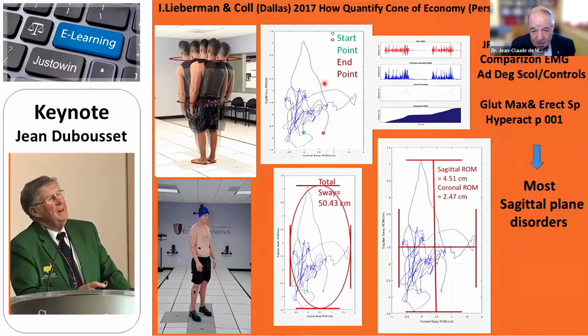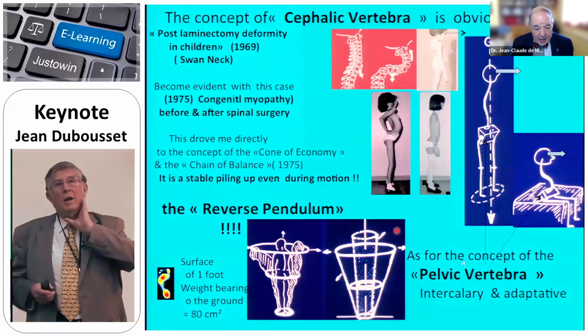It's a chaotic registration. You have the concept of the inverted pendulum. We will see a slide after. And this is a chaotic registration of the cone of economy. So the concept of the reverse pendulum.